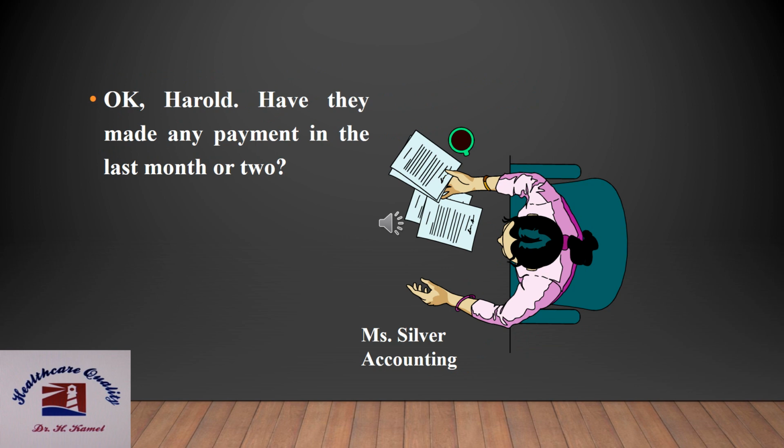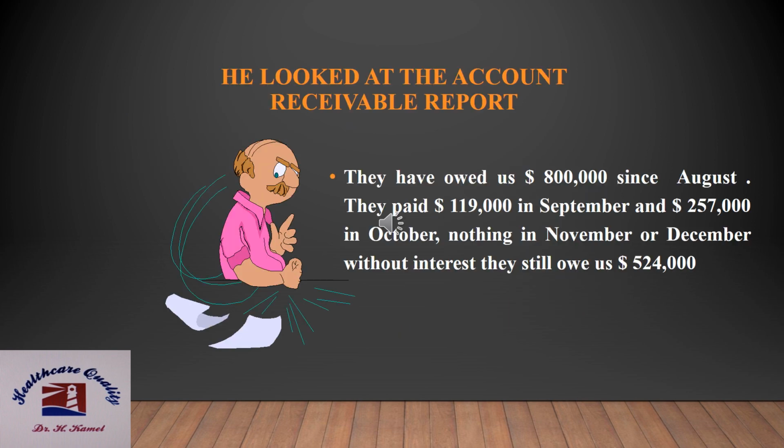Ms. Silver from accounting replied, "Okay, Harold," and asked, "Have they made any payment in the last month or two?" Mr. Harold looked at the accounts receivable report and replied, "They have owed us $800,000 since August.